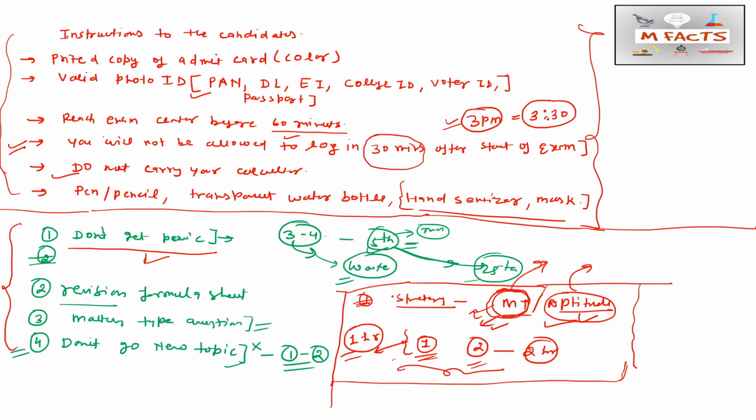Also, after seeing the questions, first understand the level of the paper, whether it is moderate or tough. If you have an idea about the level of the examination, you may assume the cutoff is around 40-50. If you prepared well, you will get a sense of the level, because you already analyzed the previous year papers.